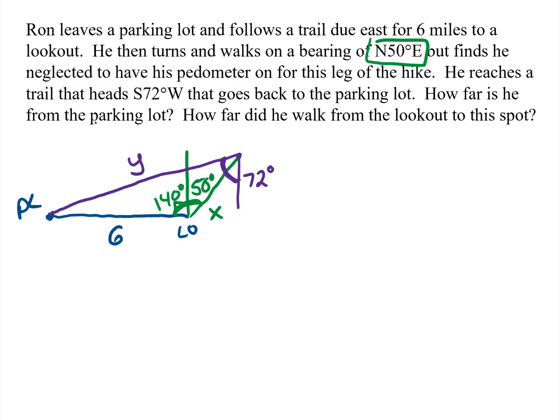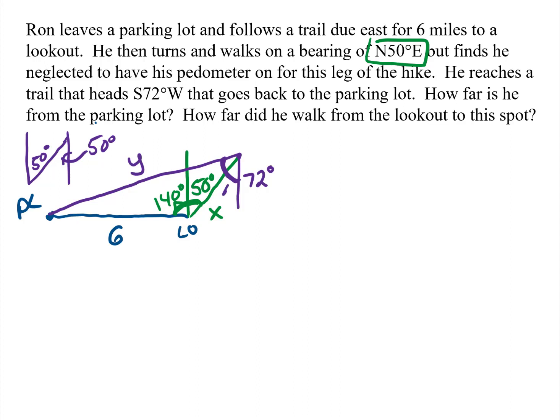Now looking at the top angle of the triangle, the whole angle to south is 72, but the angle in the triangle doesn't include all of that. But I see I had the 50 degree angle. I'm going to draw a picture of this piece of it right here. So this was 50 degrees, and so this angle right here needs to also be 50 degrees because they're parallel lines, and that's alternate interior angles.